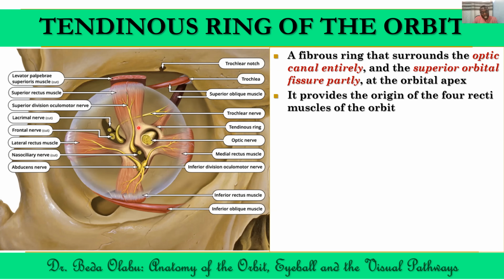This fibrous ring forms point of origin of the four recti muscles: superior rectus, medial rectus, inferior rectus, and lateral rectus muscle. So they have a common tendinous origin.